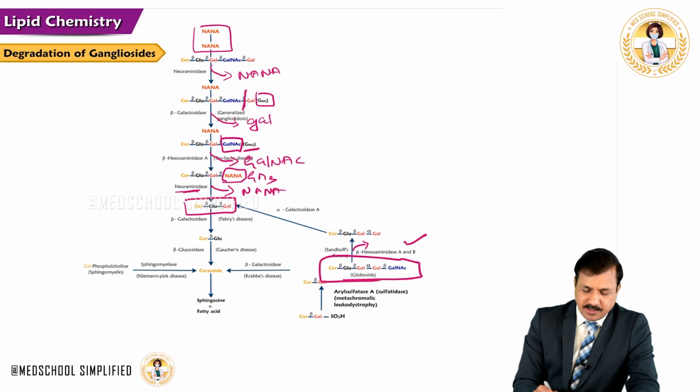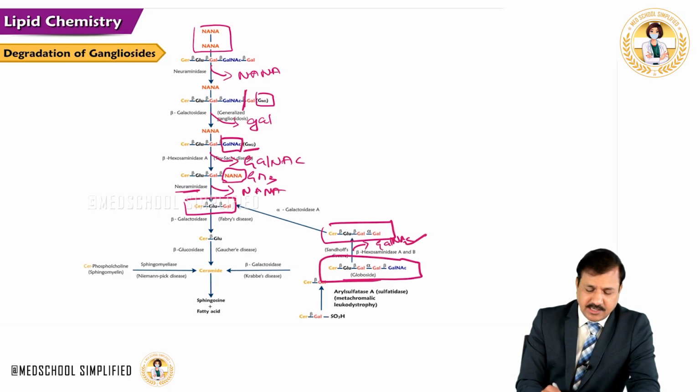From the globoside, there will be removal of GalNAc. And now we have ceramide, glucose, galactose, galactose, which is a ceramide trihexoside.